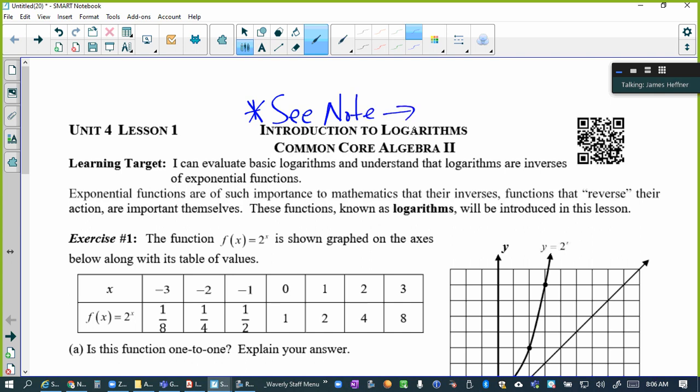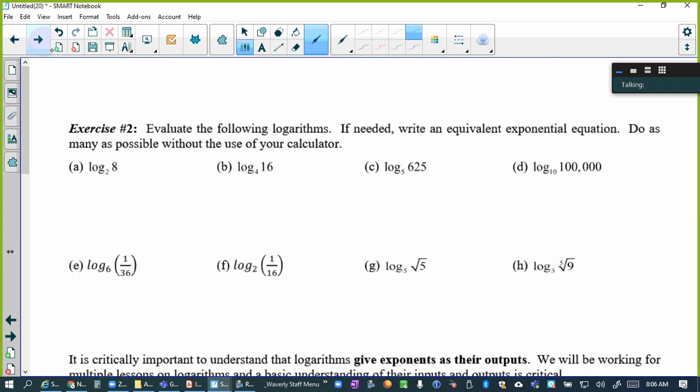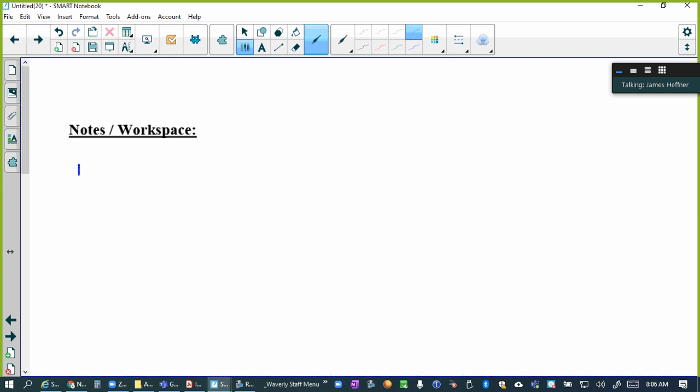So let's go to our notes page real quick. All right, so we know that an exponential function has its variable in the exponent. We just talked about that. Variable in the exponent.